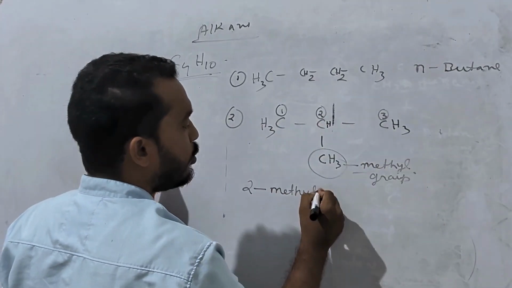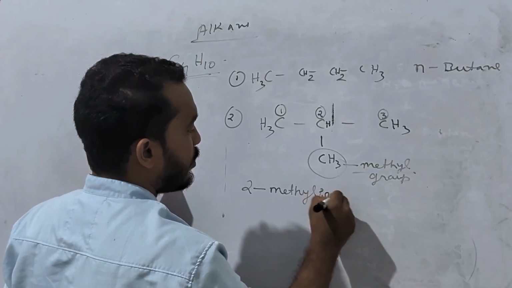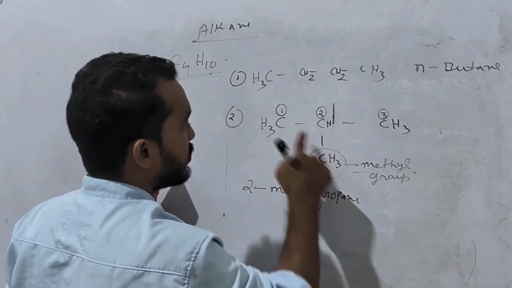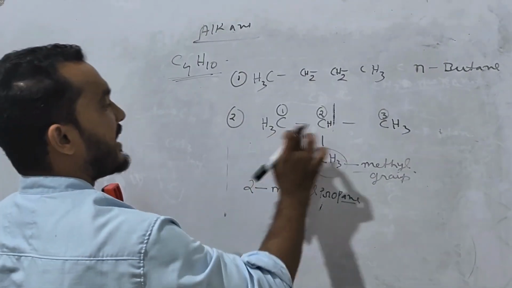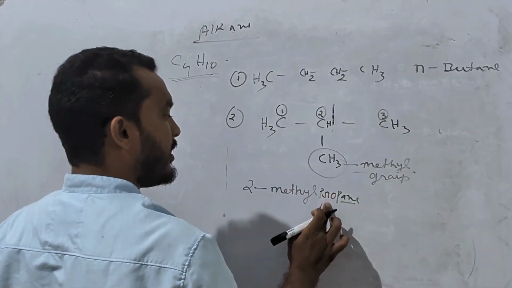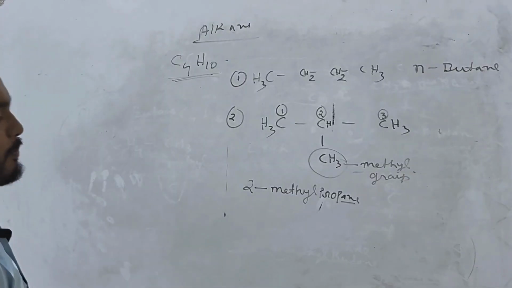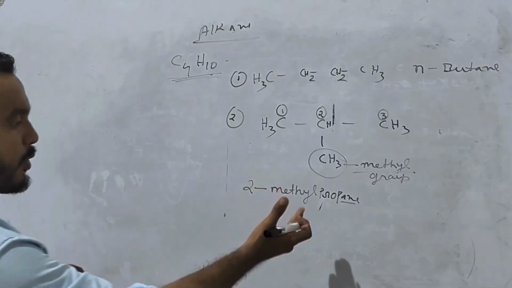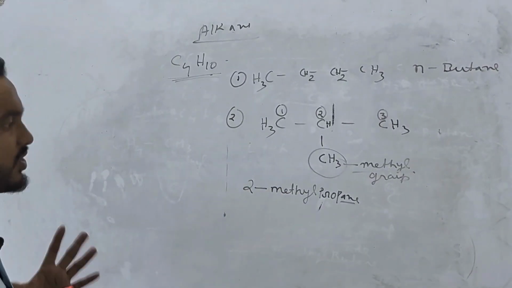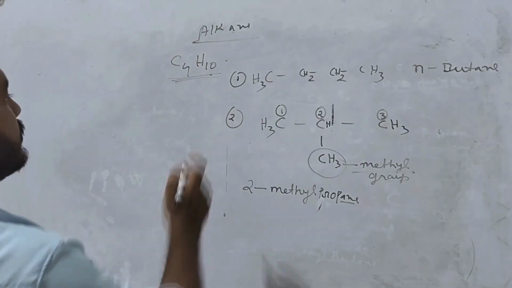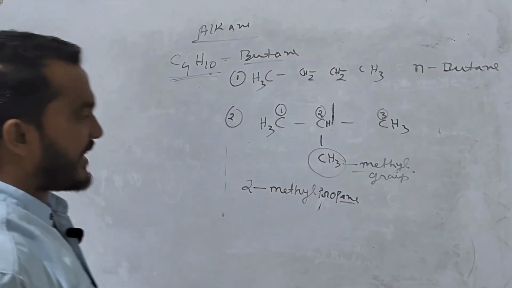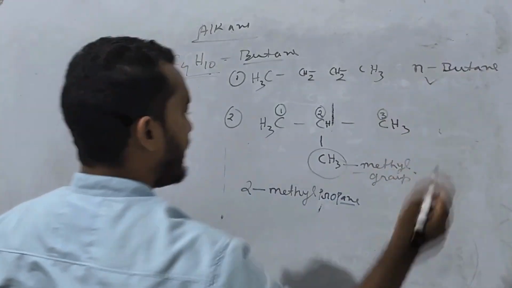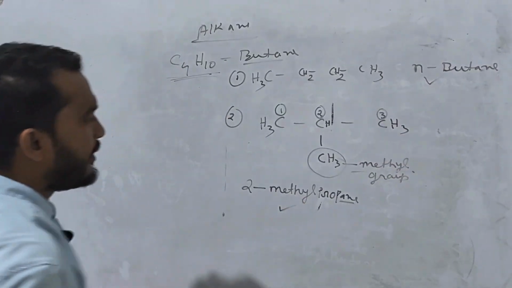For 3 carbon, what do we call it? Propane, P-R-O-P-A-N-E. Because we are talking about alkane, that is why A-N-E will be there. Since in the parent chain there are 3 carbon, it is called propane. Okay. So with butane, I can draw two structural isomers. One is N-butane, another is 2-methyl propane.